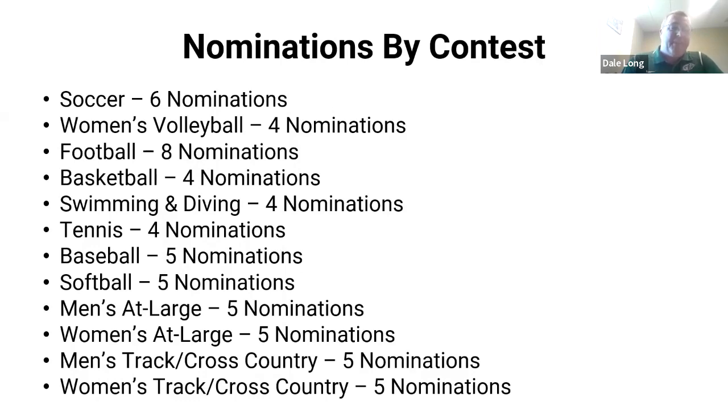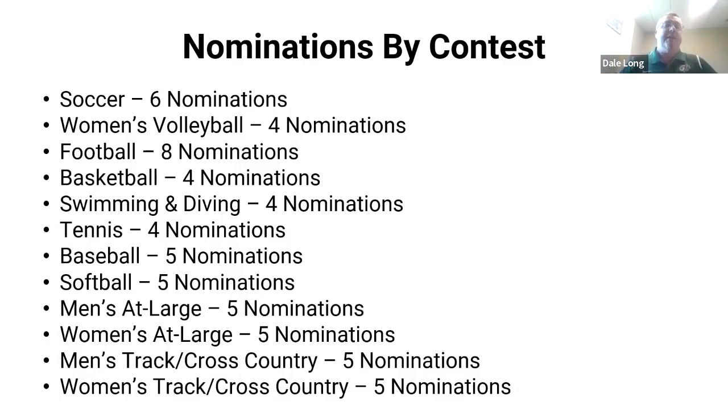There are still positions within the ballots for soccer, football, baseball, and softball. So this is the total number of nominations that a school is allowed instead of the number of nominations in that particular position. You do not get 6 forwards, 6 goalkeepers, 8 offensive linemen.